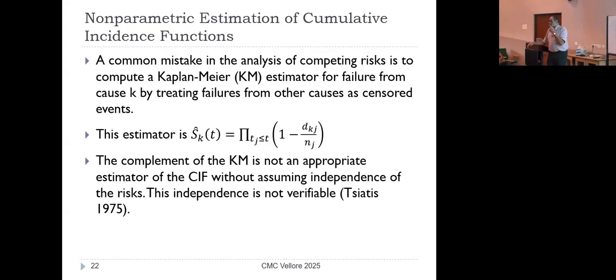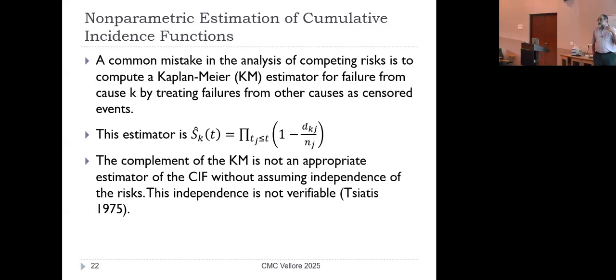If you report the Kaplan-Meier and you had competing risks, which many papers, even in the New England Journal, do, and they don't adjust for it, it gives you a biased estimate of the overall survival. Since these are not verified, the complement of the Kaplan-Meier is not an appropriate estimator of the cumulative incidence function in this case.